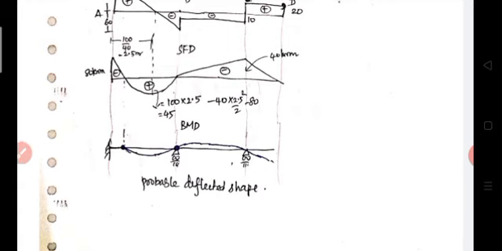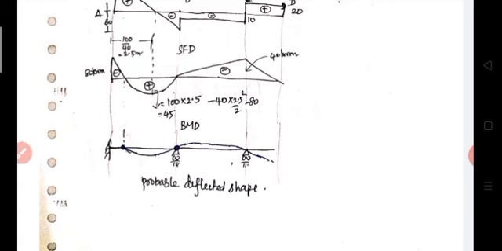So from the diagram, at support A the moment will be 80 kilonewton meter. Okay, fixed end moment, hogging moment. Okay, it is a fixed end, subject to hogging moment, 80 kilonewton meter. After some distance there is a point of contraflexure. Then at support B, the bending moment will be 0. Then at support C, the moment will be hogging moment, minus 40 kilonewton meter.